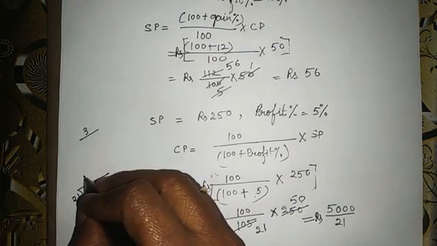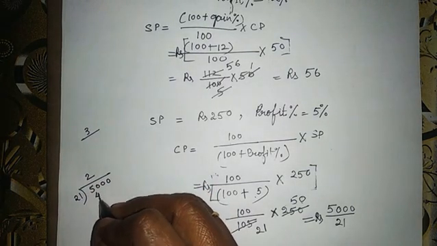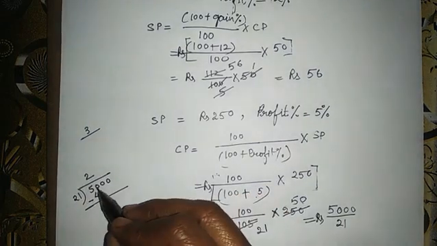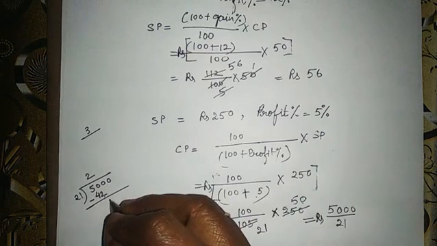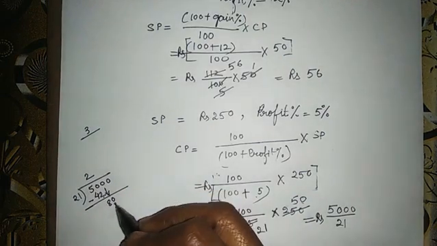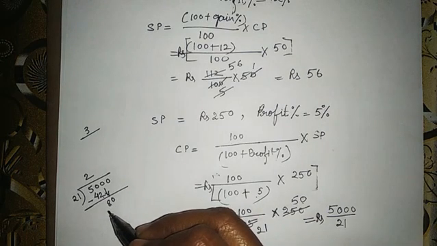Okay, 21 twos are 42. Okay, now minus: 10 minus 2, 8. Now 0 we will note down here. We will see how many times we can read the table.